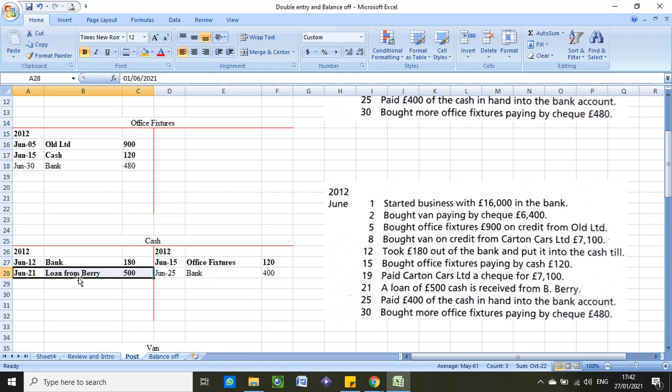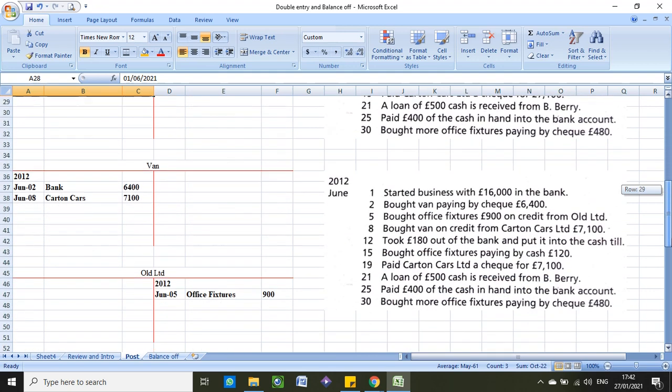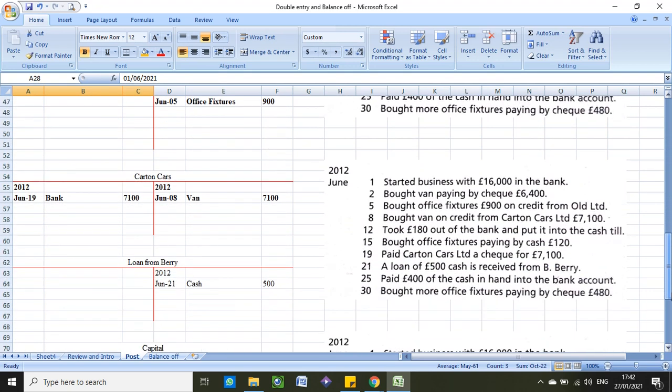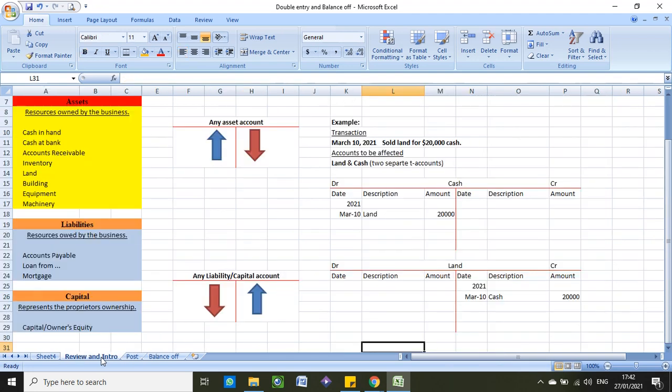I can go to the other T account, which is loan from Berry, and I should be able to find a credit entry on that particular T account right here. Okay. This is also a liability. Why did we credit that particular liability? Remember that liabilities increase on the credit side.